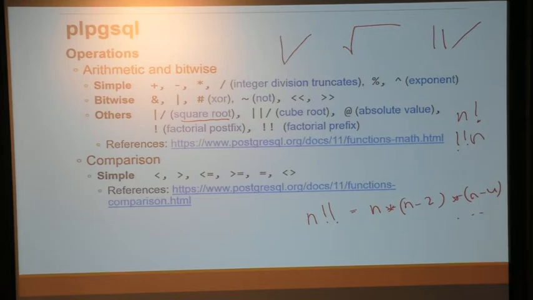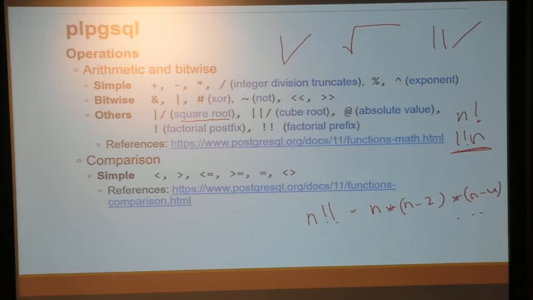I don't know why it's called double factorial, but this is the formal definition of a double factorial. But this is not what it means. If you have a double bang like this, that's basically a factorial, but you want to put the operator in front, because sometimes it's easier to just read from the front.